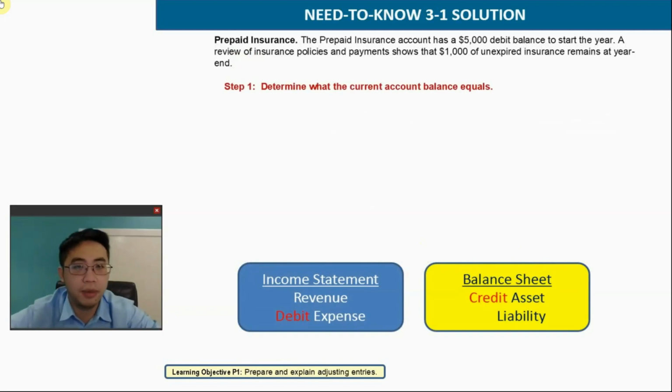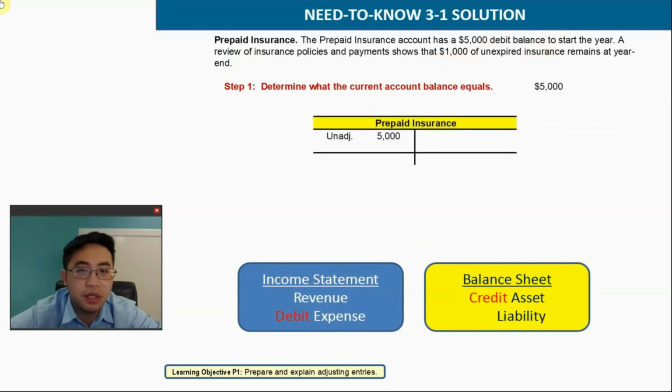You will see that prepaid insurance is a $5,000 debit at the start of the year, and after a whole year, you only have 1,000 left. So that's your unadjusted balance, which is what the current account balance equals. All right, now you want to do an adjustment because it's the end of the year and you need to produce another financial statement.